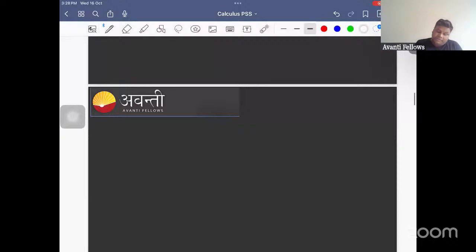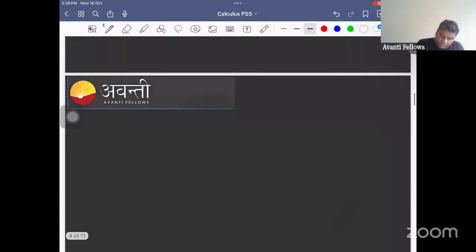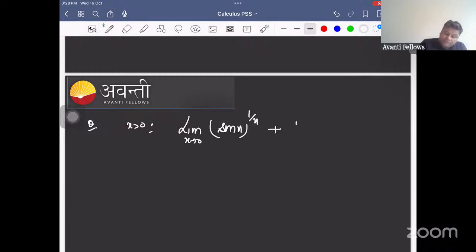Now, another question on limits itself. Limit x approaches to 0, sin x to the power 1 by x plus 1 by x to the power sin x.